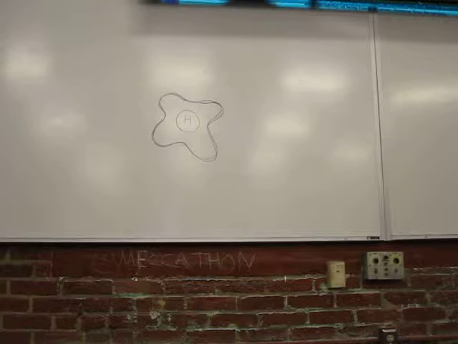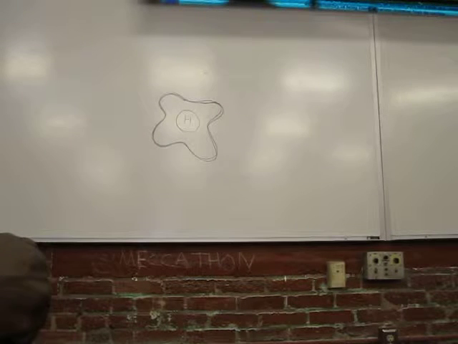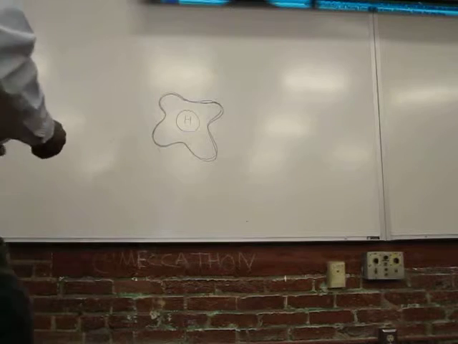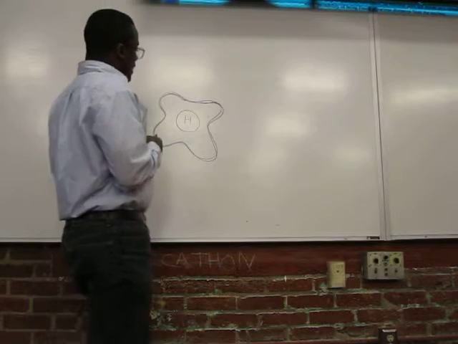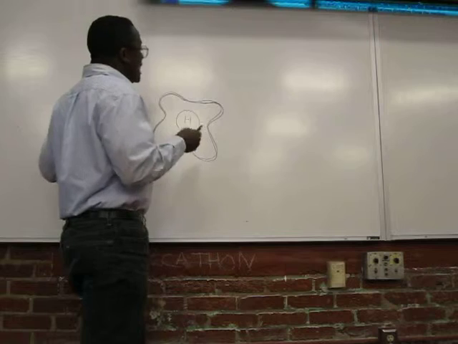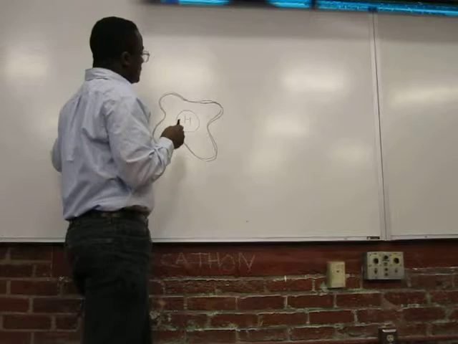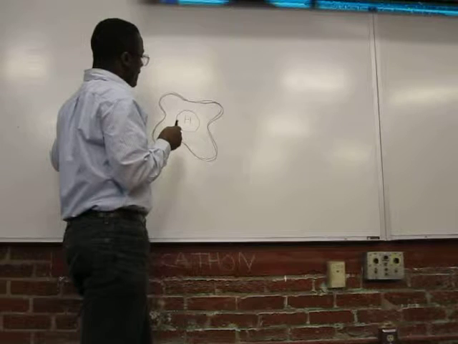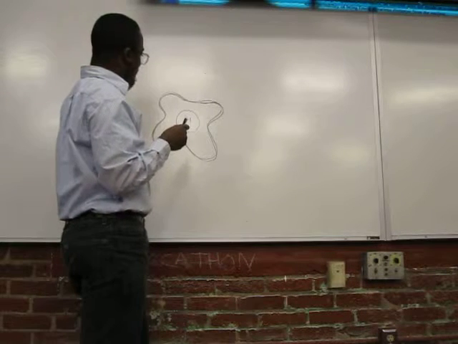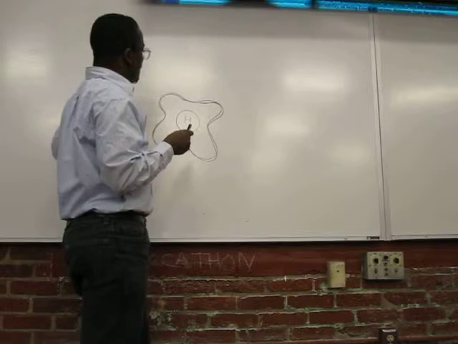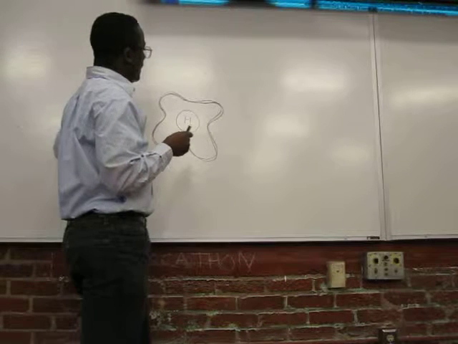So that means that it has to release energy in discrete packets, and those discrete packets used to be called quanta. We now call them photons. So what that means is that an electron or a hydrogen atom will not change its state unless it absorbs a certain discrete amount of energy.